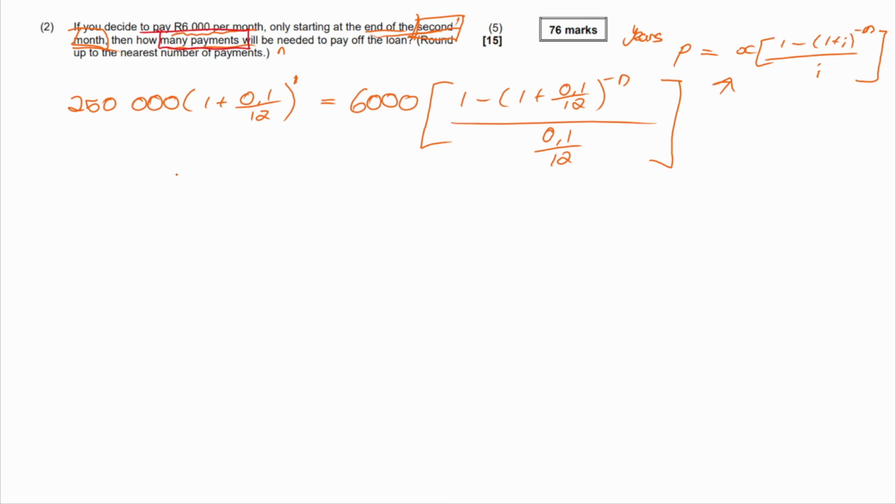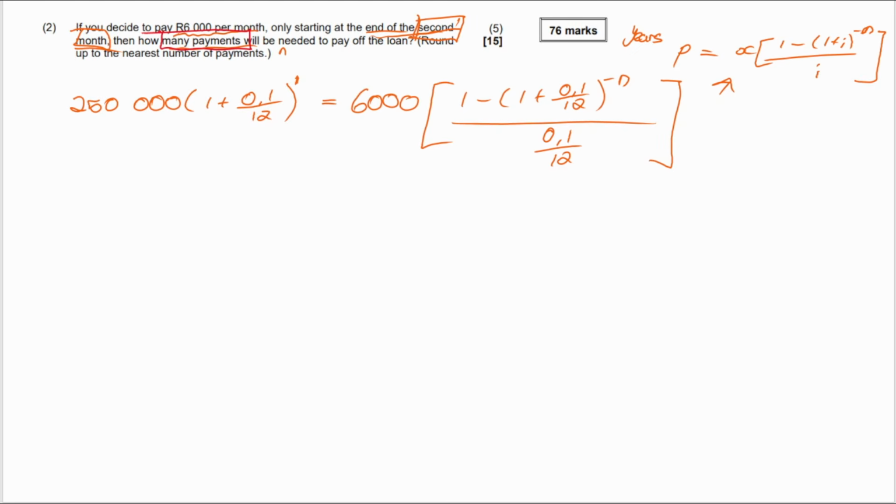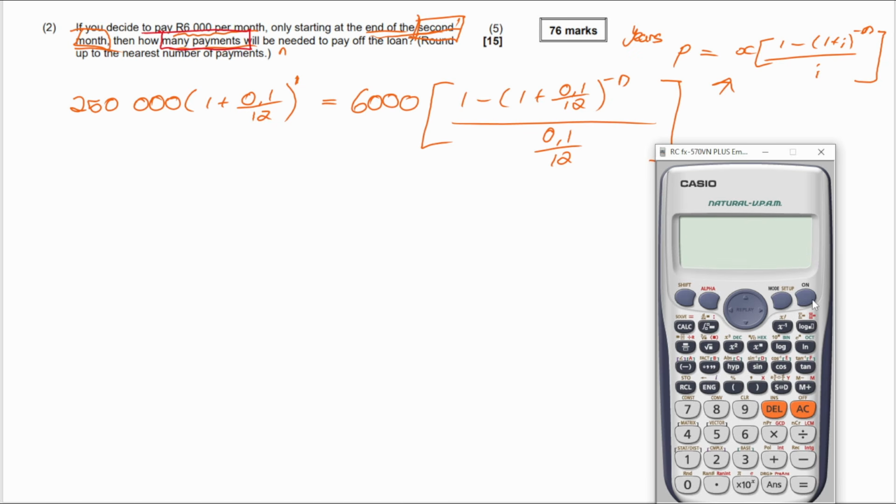All right, so what I'm going to do now is do this in my calculator and then divide by this. Let me show you in the calculator what I'm going to do. So I'm going to say 250,000, and I grow it for a month, 0.1 over 12.